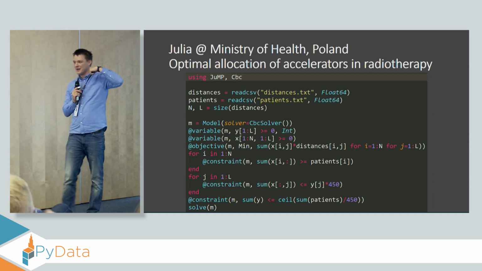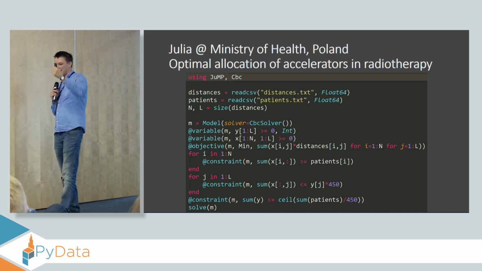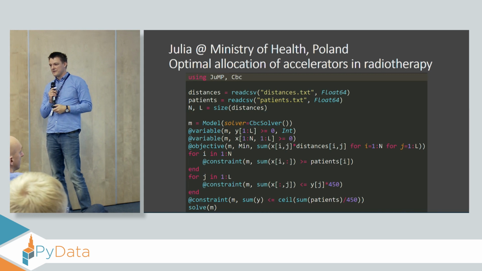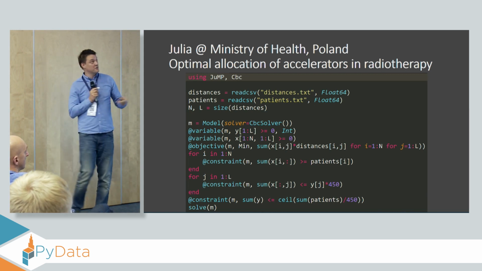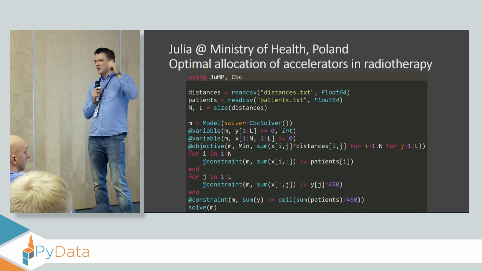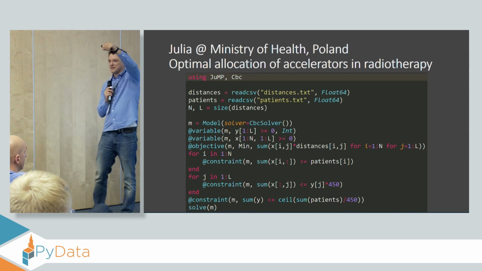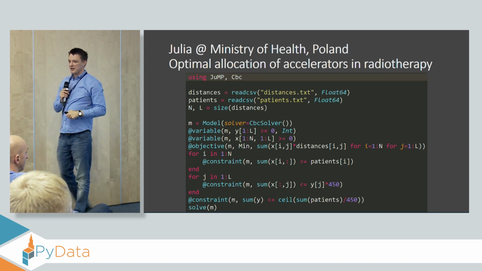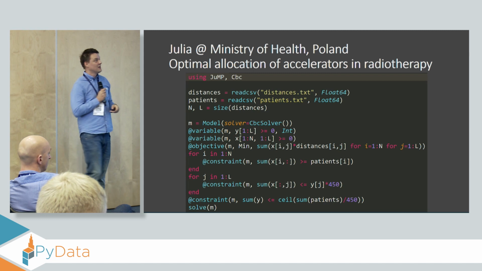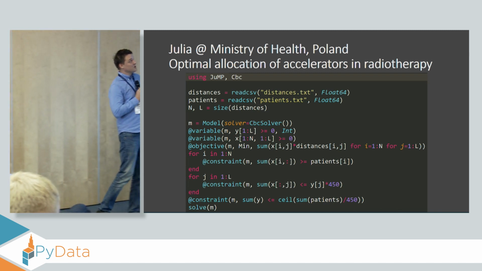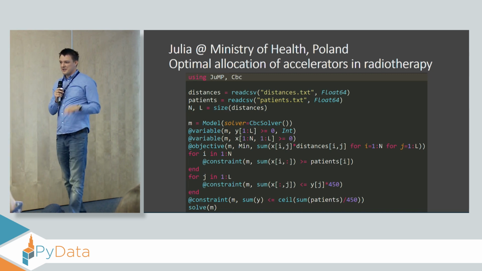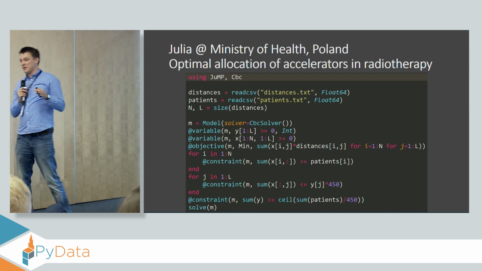And you have to assume that people will have to travel to those accelerators in order to get a treatment. So the question is, given the limited number of accelerators you can have, what are the optimal spots around the country where you should put them in order to minimize the travel time of the patients? They had some code in R that did exactly that, and it was like 500 lines of code.